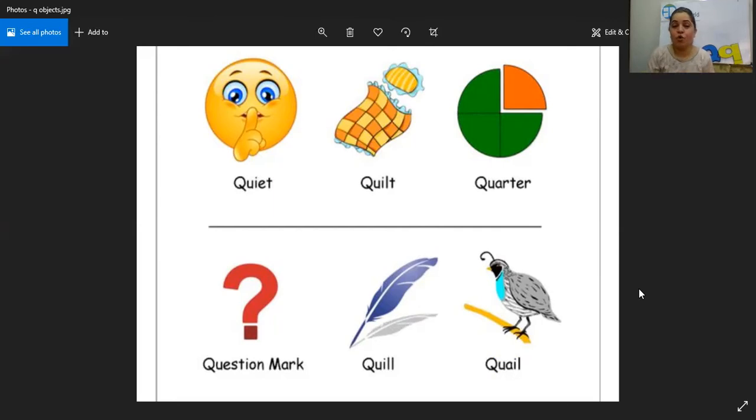And then we have this question mark. This comes when somebody asks a question, or when we write a question in the book, or we text somebody asking something. So we put a question mark at the end of the sentence, right? That even starts with Q. Yes. Okay. So we are going to practice Q today.